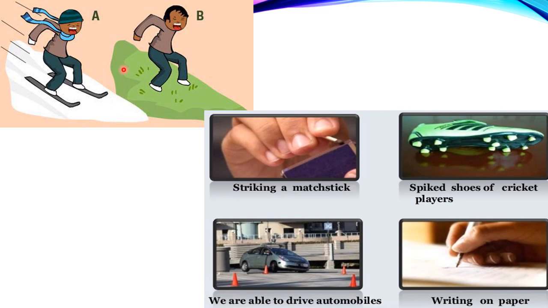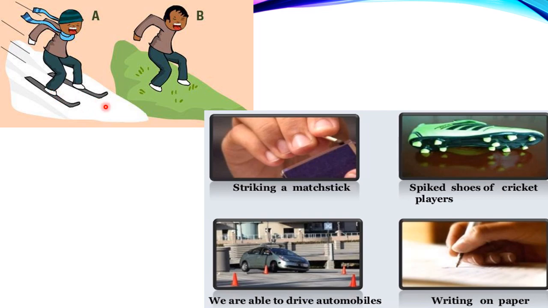In this picture, you can see one advantage of frictional force. This is the normal floor. Here we can stand and walk easily, but on the ice, the static frictional force and limiting frictional force, all the frictional forces are very low, so it is easier to slip. It is easier to slip here.